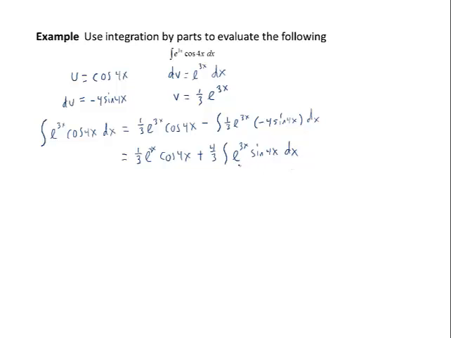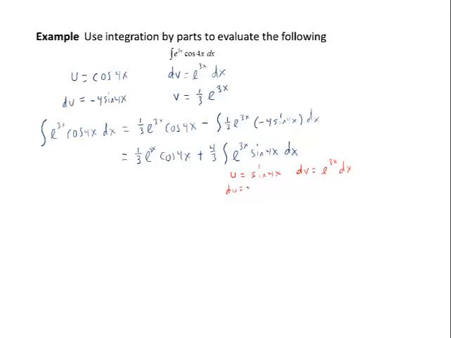So on our second application of integration by parts, I'm going to change colors of my pen, and I'll go to a red pen here. Very similar to how we started the problem originally, I will let u equal sine 4x, dv equals e to the 3x dx.